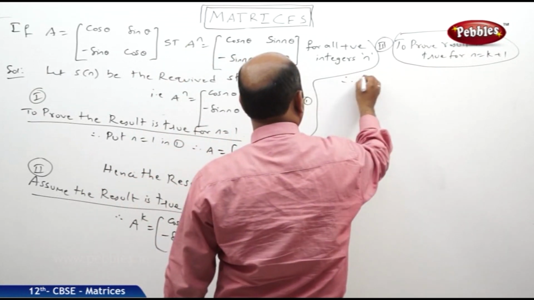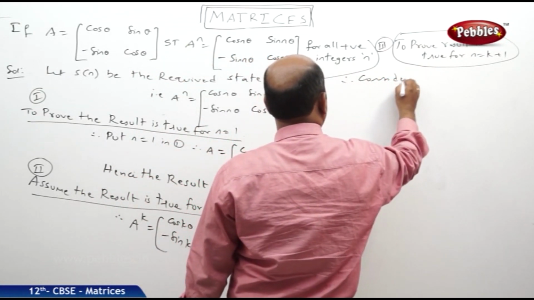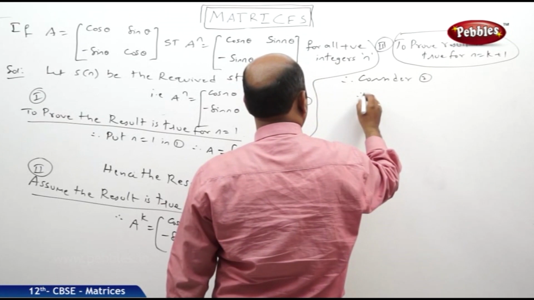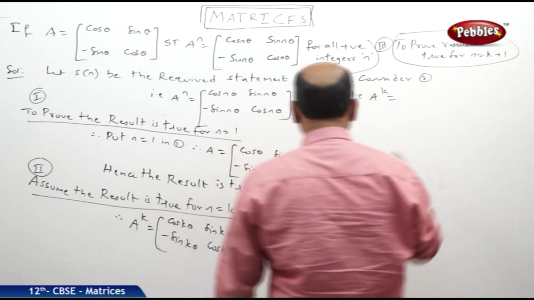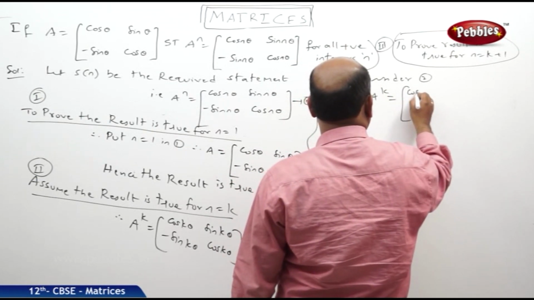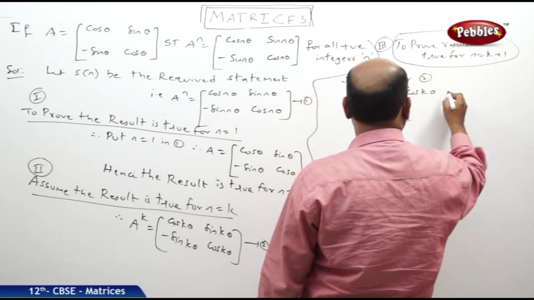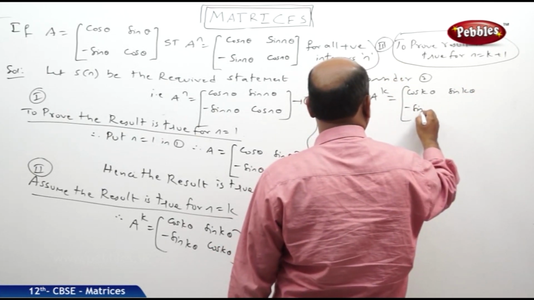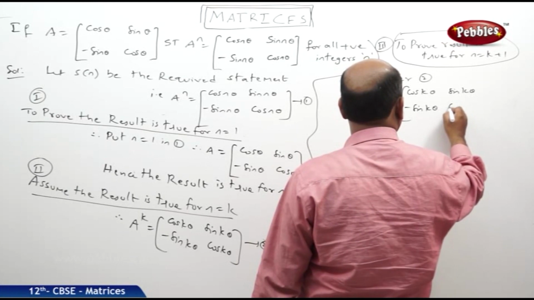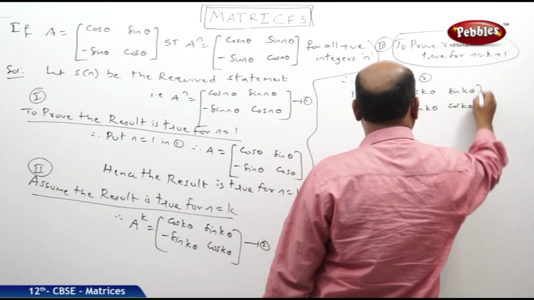Therefore, I will consider 2. That is, A power k is equal to cos k theta sin k theta minus sin k theta cos k theta.